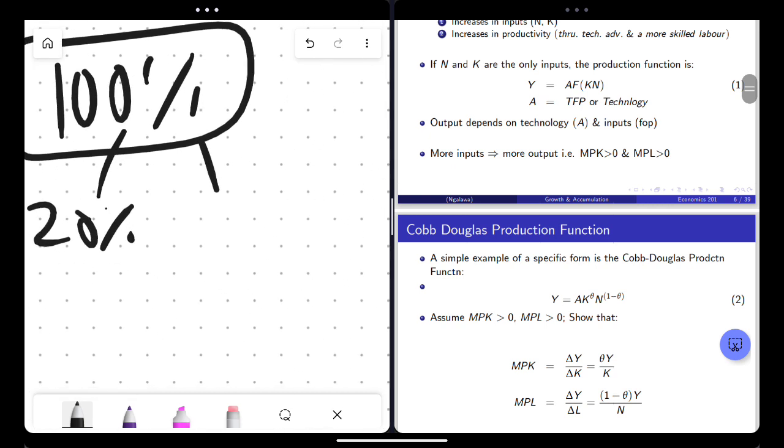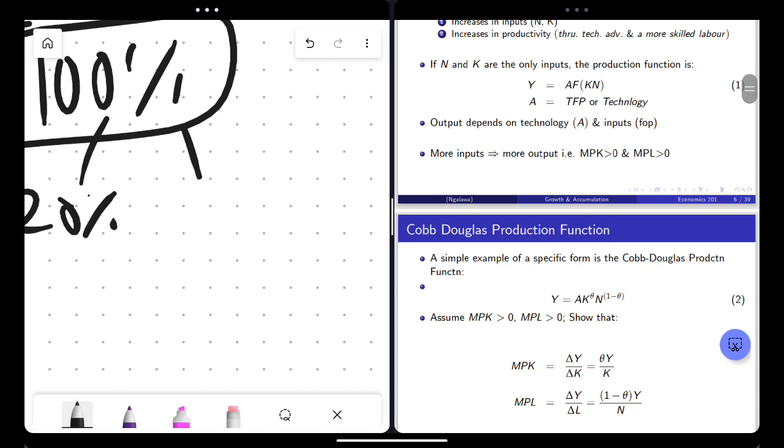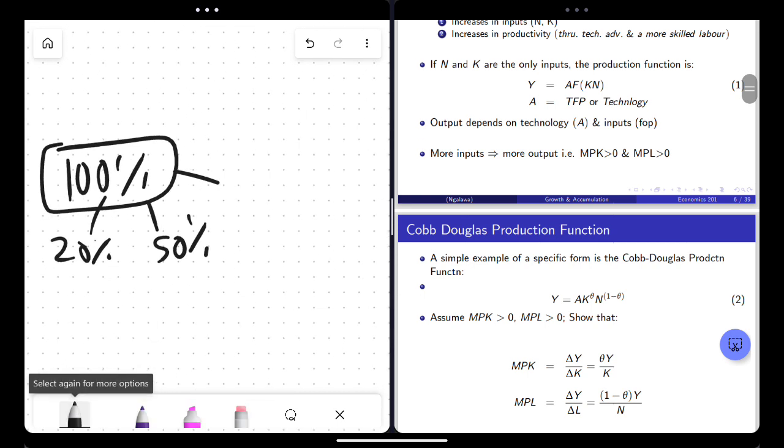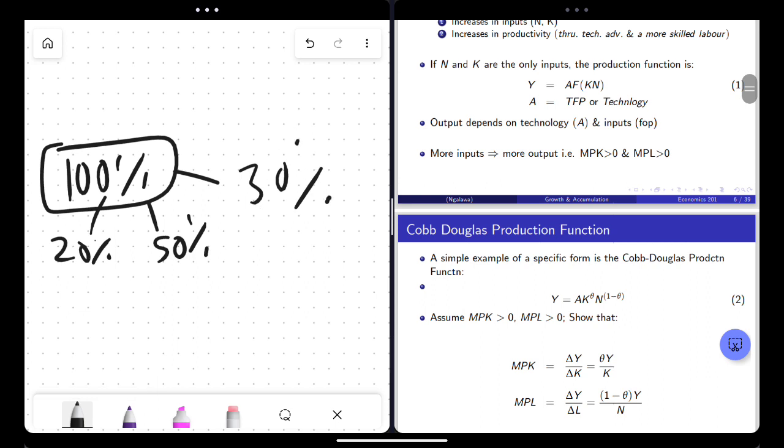You got ZZ over here, who did 50%. And then you got Lee. If ZZ did 50% and Tom 20%, that means Lee did 30%. Now, can you see all these three things make it 100%? This is the share of Lee, this is the share of ZZ, this is the share of Tom. All these are shares that contribute to the total, the total exam. Similarly, GDP.